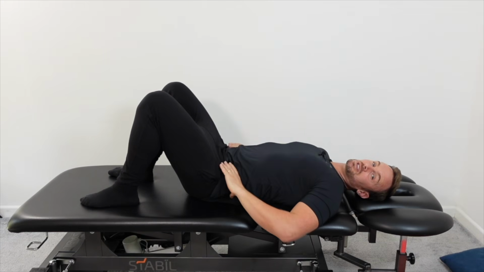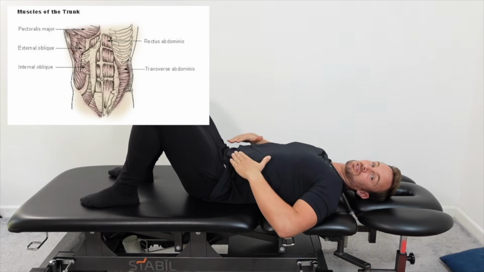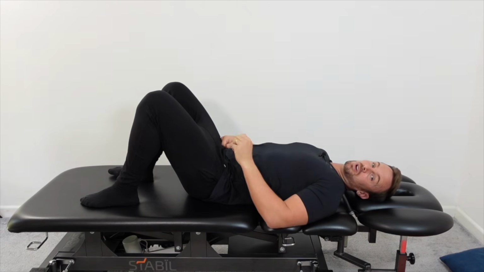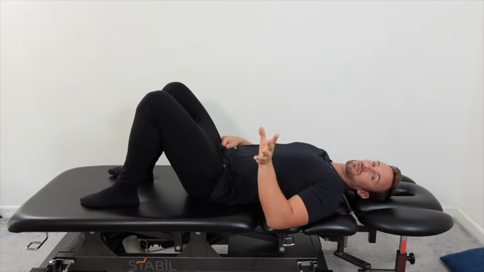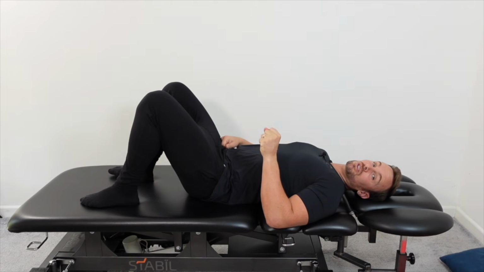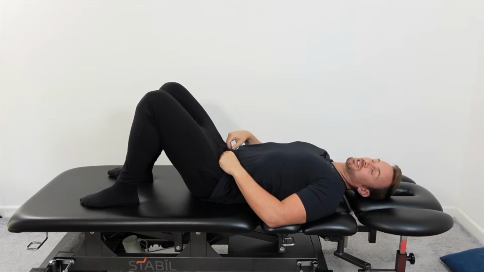After that, we want to activate the transverse abdominis, which is a flat muscle across the abdomen, and it's part of our pelvic floor musculature. So there's 3 ways to activate that. Number 1, imagine you're in a queue for the loo and you need to hold it because there's a queue, and you have to hold and contract your bladder.